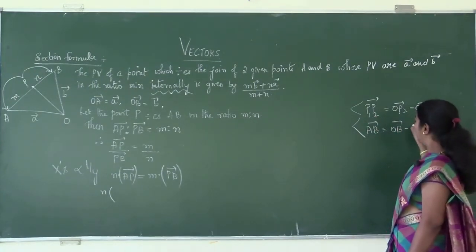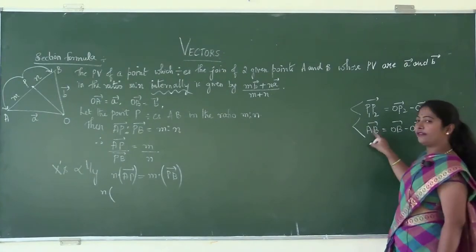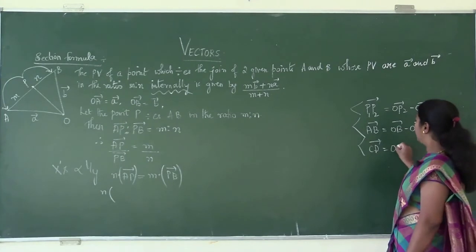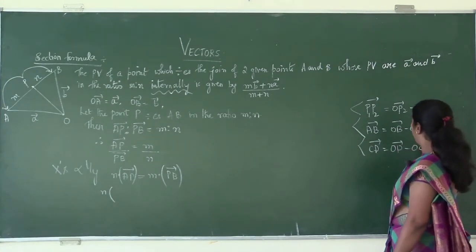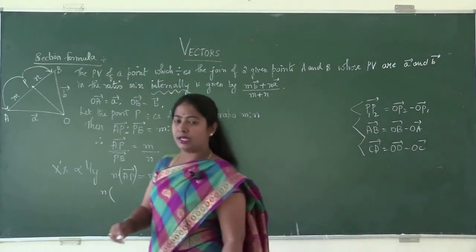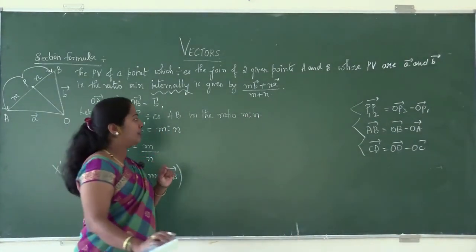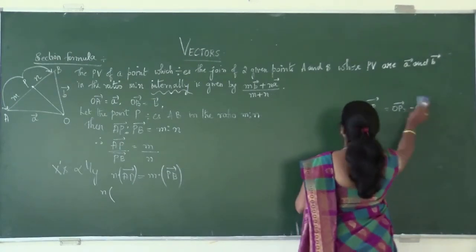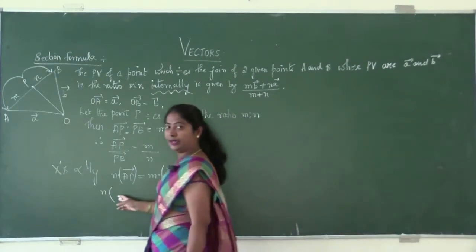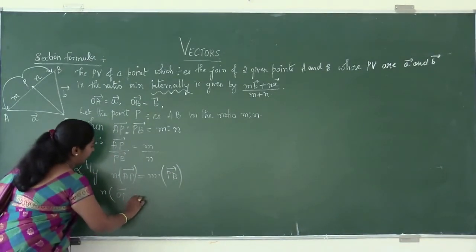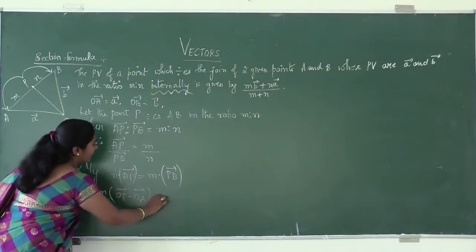Vector OB minus vector OA, second vector minus the first vector. Similarly, vector CD is vector OD minus vector OC. So keeping the vector joining 2 points definition in mind, I can write vector AP as vector OP minus vector OA.